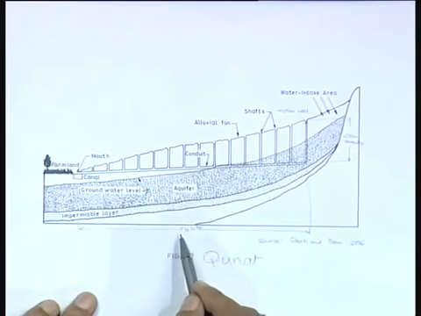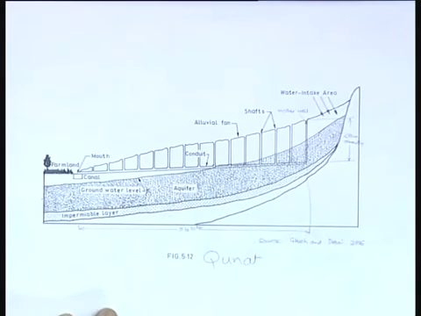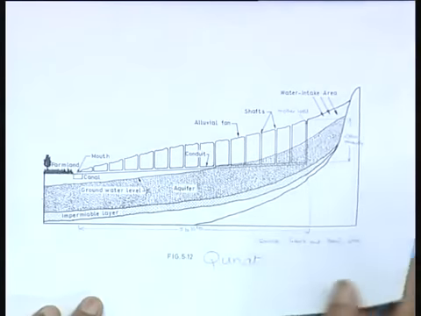Most of the qanats exist even now, and it has been reported that there are at least 22,000 qanats existing in Iran even now, which are supplying at least 35% of the entire water requirement in Iran. So that is how important groundwater is.